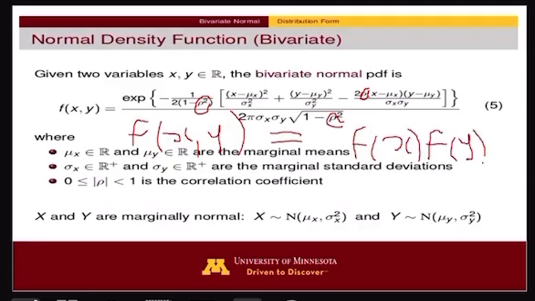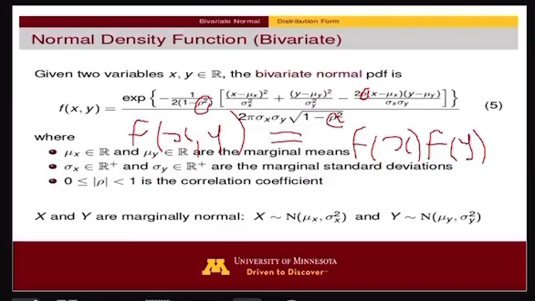Now I need you to pay attention to that. If rho, which is the correlation between x and y, is 0, then x and y will be independent.